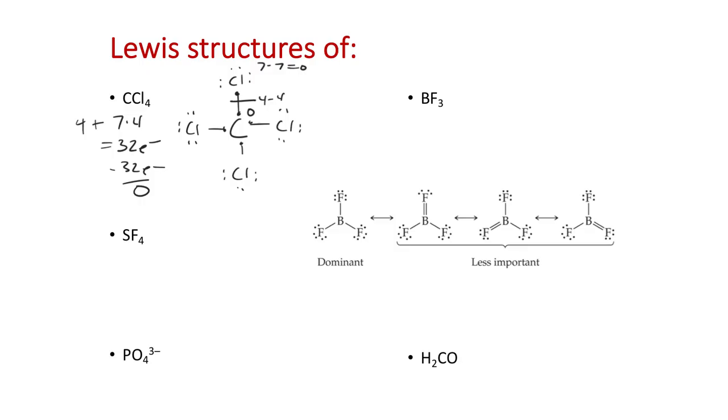Now what about BF3? BF3, boron only has 3 valence electrons. It's right next to carbon. And then 3 times 7 for the fluorines. That's 24 total electrons. And so central boron, 3 fluorines. Give the fluorines their octet with lone pairs.